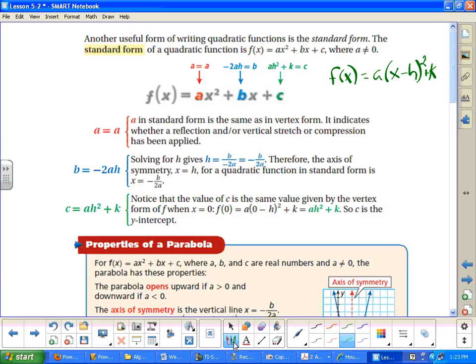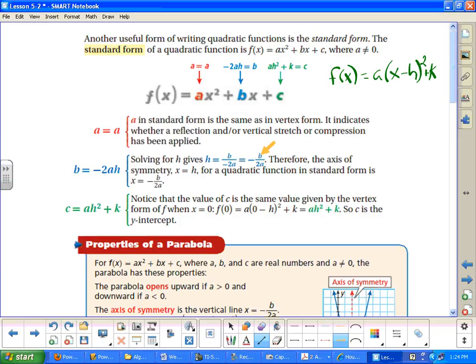And the value of h for the vertex is found by doing b over -2a, or we're going to write it as negative b over 2a.